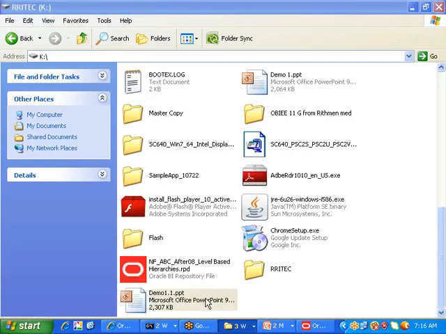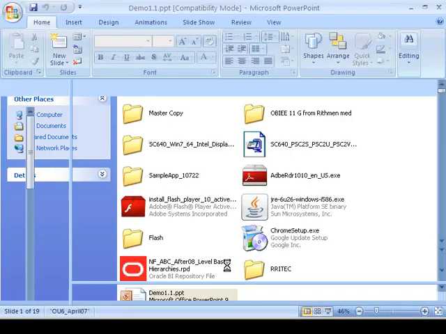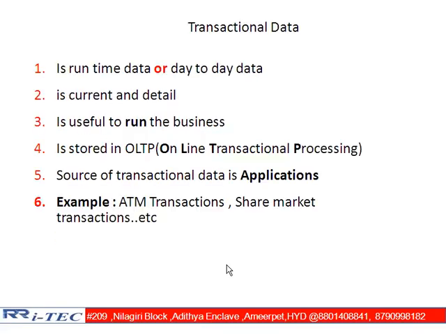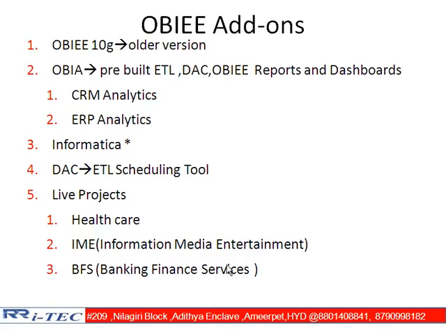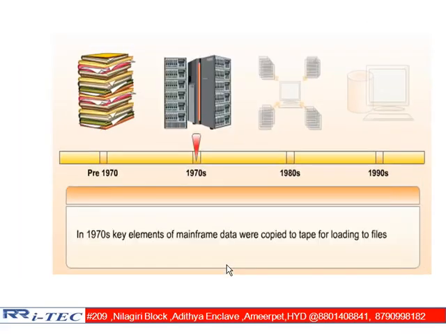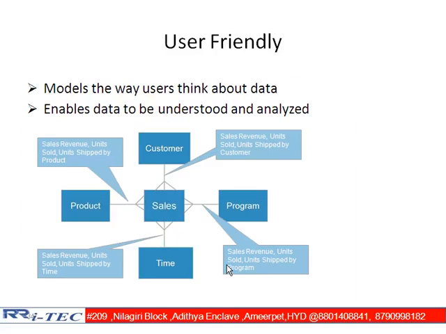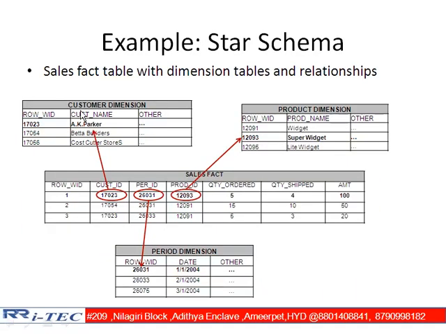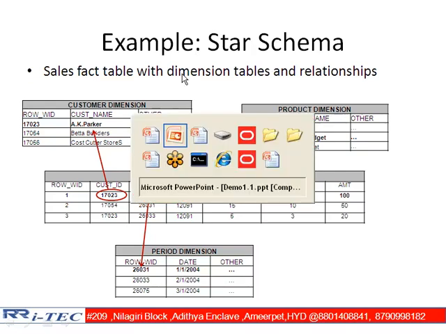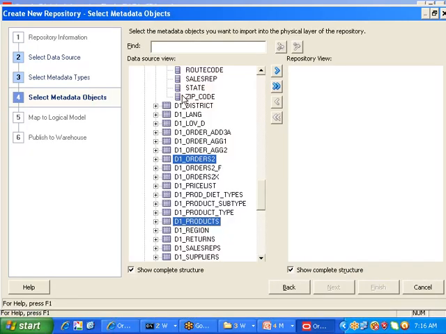I took the customer dimension, product dimension, period dimension, and sales facts. These are the four tables I took. The same four tables I would like to take over here also. That's the reason I am taking exactly these four tables.